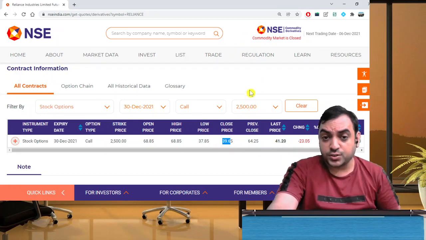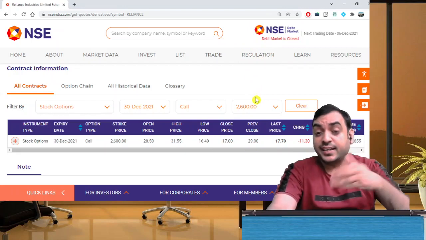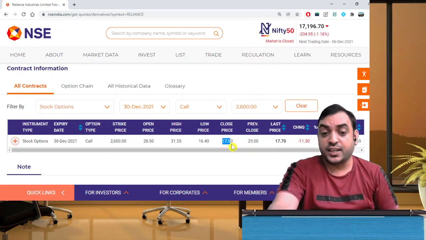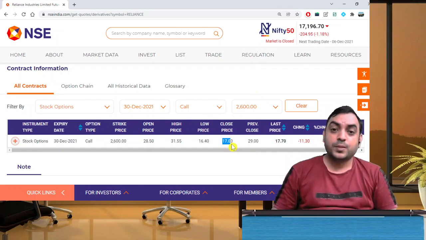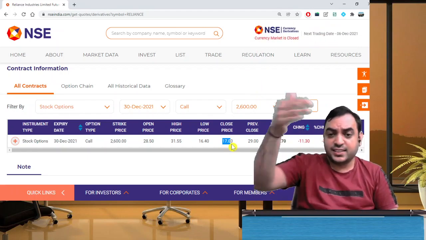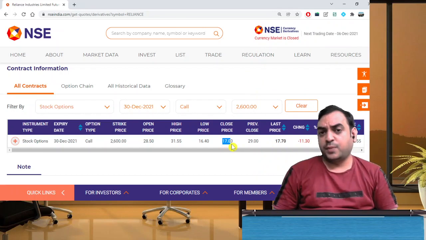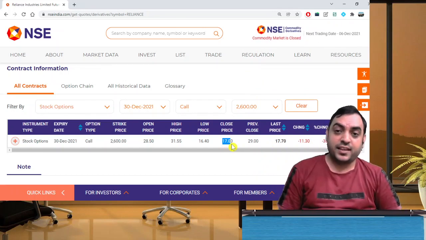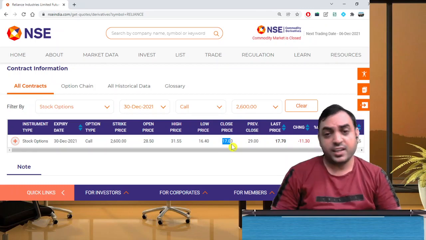If you want a bet on 2600, you have to pay only 29 rupees or 17 rupees, because when the purchase price increases, the profitability comes down. But anyway, what you have to understand is, for a different strike price, the premium will be different.